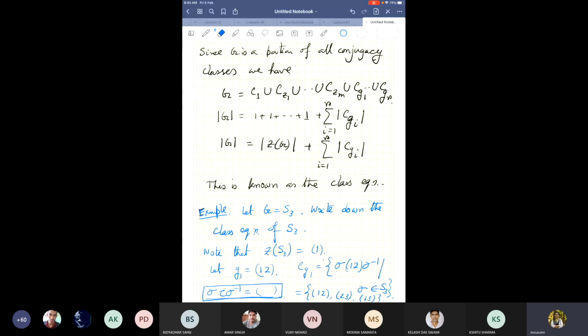Applying that, you can find it easily. In fact, all the cycles of the same type will be in the same conjugacy class. So if I choose my G2 to be, say, (2 3), then the conjugacy class for G2 will be the same as the conjugacy class of G1. So all the 2 cycles are in the same conjugacy class.